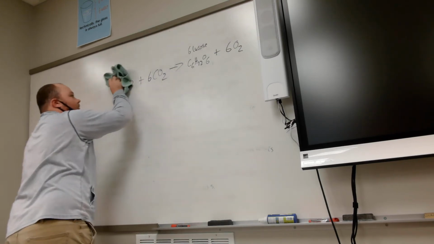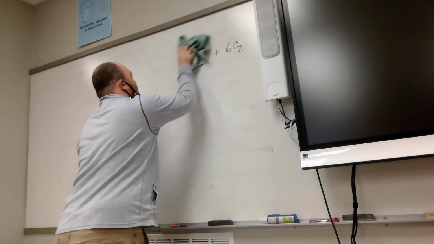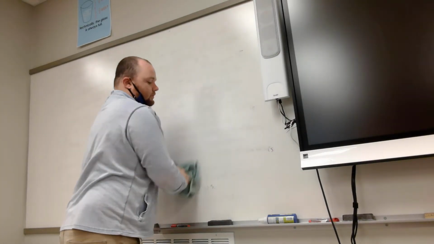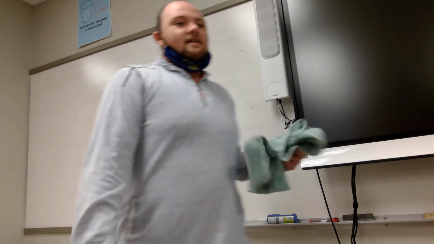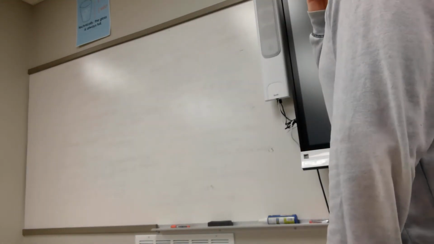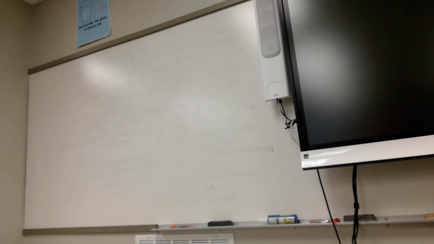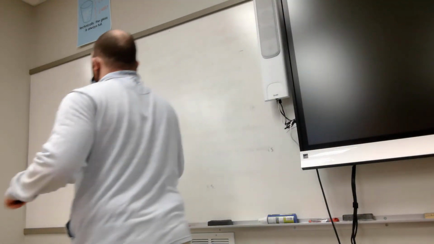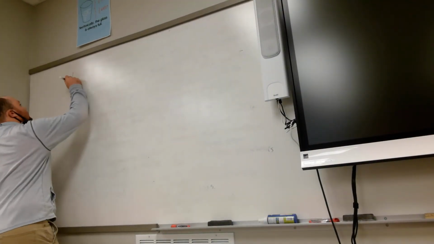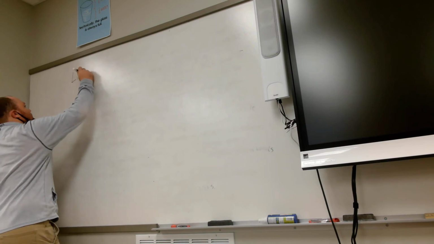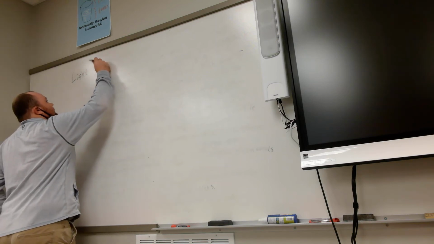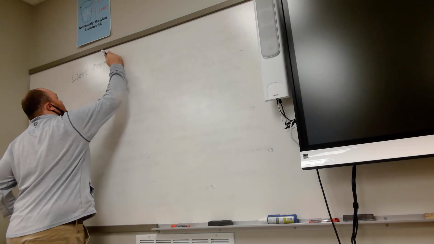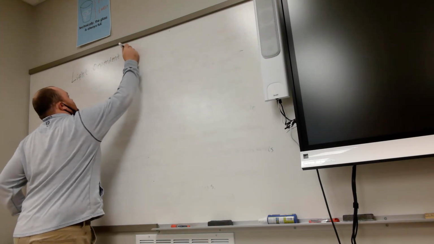All right. Let's talk about the more confusing part. So we've gone through the basics. Now we need to go through the specifics, okay? The actual details of how these things work. And the first thing we're going to go through is the light-dependent reactions.